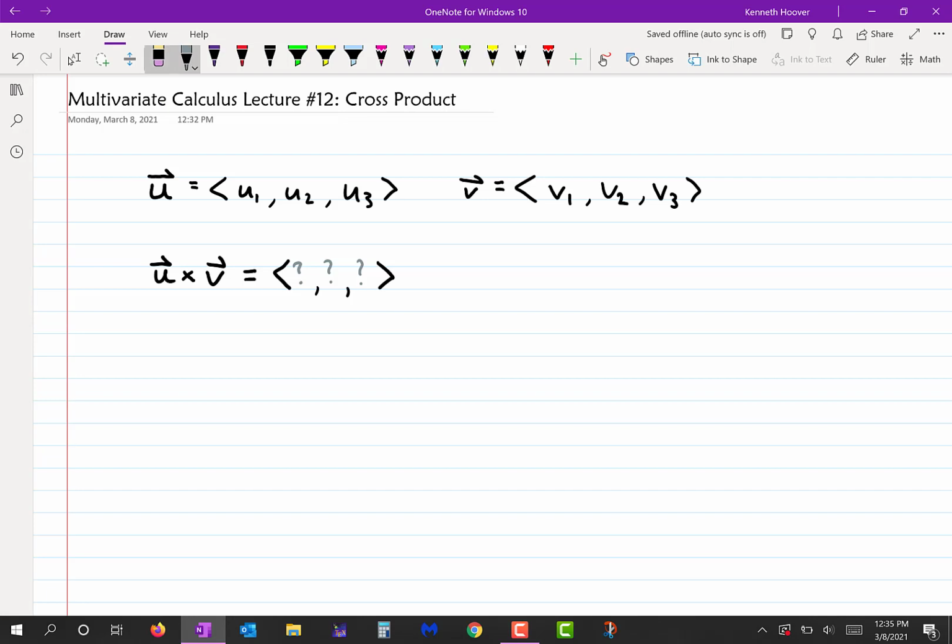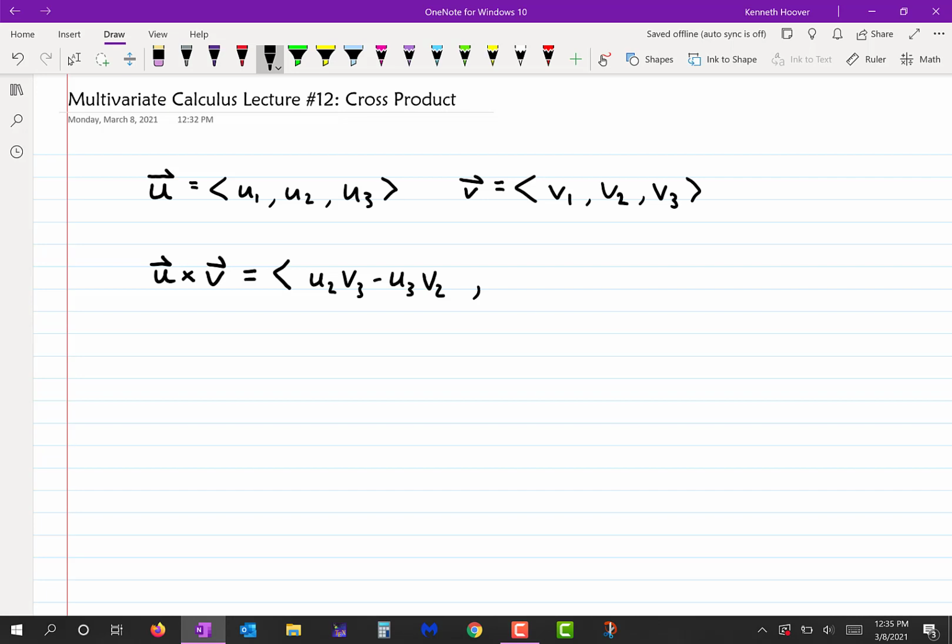I'm going to stretch this out a lot so we have more space. The first component, you're just going to need to learn this formula. The first component is u2 times v3 minus u3 times v2.